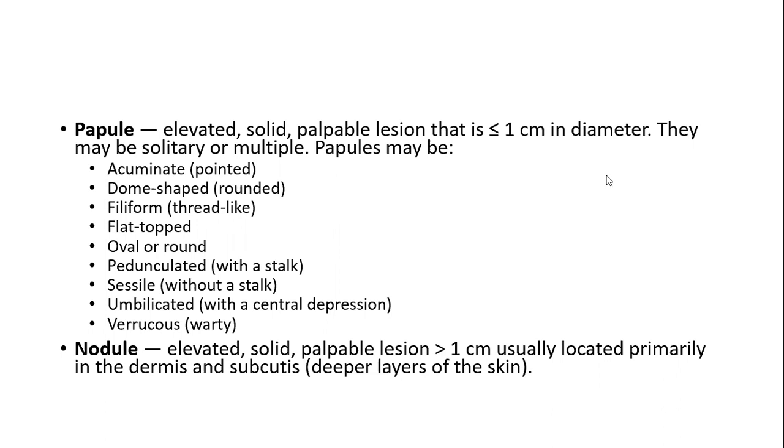For example, it may be acuminate, which is pointed, dome-shaped with round top, filiform, thread-like, flat top papules, oval or round, pedunculated with a stalk, sessile without a stalk, umbilicated with a central depression, and verrucous papules giving a warty look. So I will show pictures of all these kind of papules.